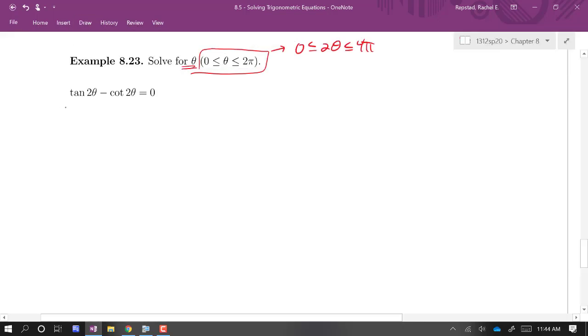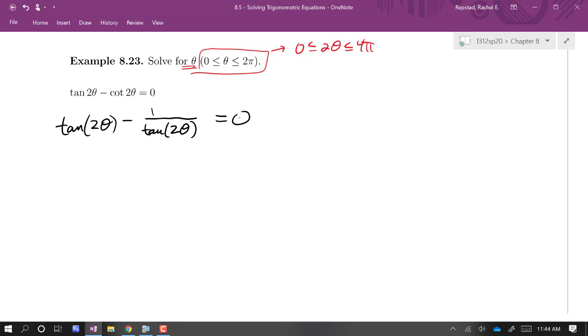Okay, so I'm going to start just by rewriting the cotan of 2 theta as 1 over tangent. So we have tan 2 theta minus 1 over tan 2 theta equals 0. Now I have an equation with fractions. We know how to handle an equation with fractions. We multiply by the LCD to clear denominators.